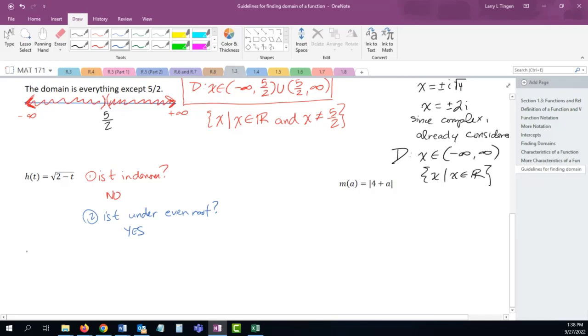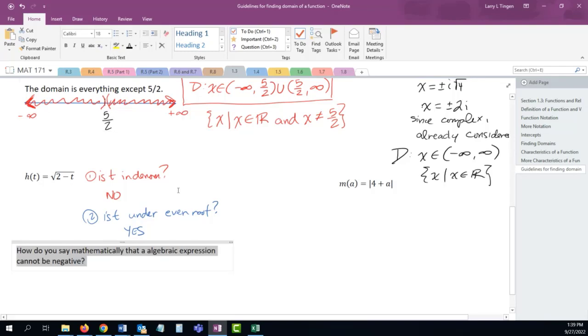So how do you say mathematically that an algebraic expression cannot be negative?